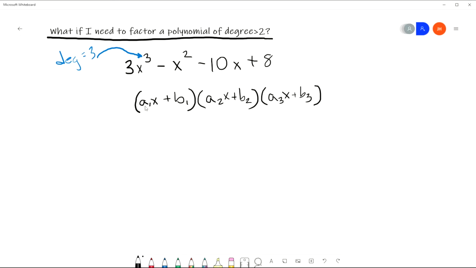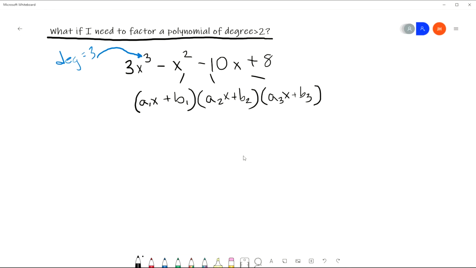Essentially, I'm using these a's and b's as placeholders for the coefficients and constants which could be in my factors. But the main purpose is that this function could be broken up into 1, 2, 3 pieces multiplying.